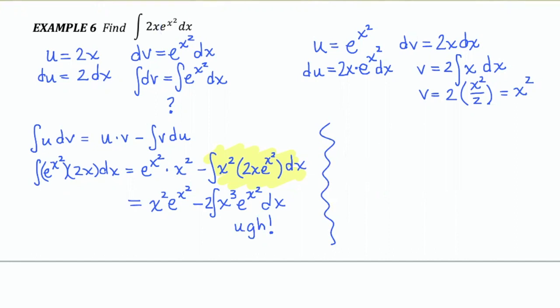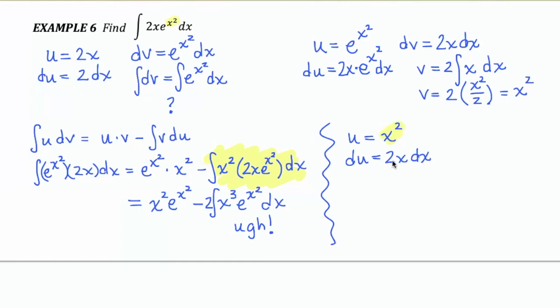Here's why. When we choose our u, remember, when you have an exponential expression, you want to use the exponent as your u, and then you take your du. And right there is where I know this is what I want to do, because when I match up my functions, my u is here.